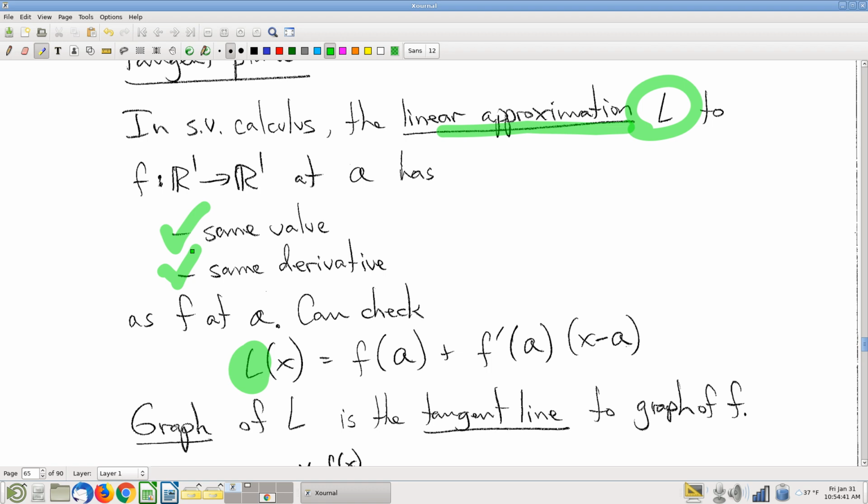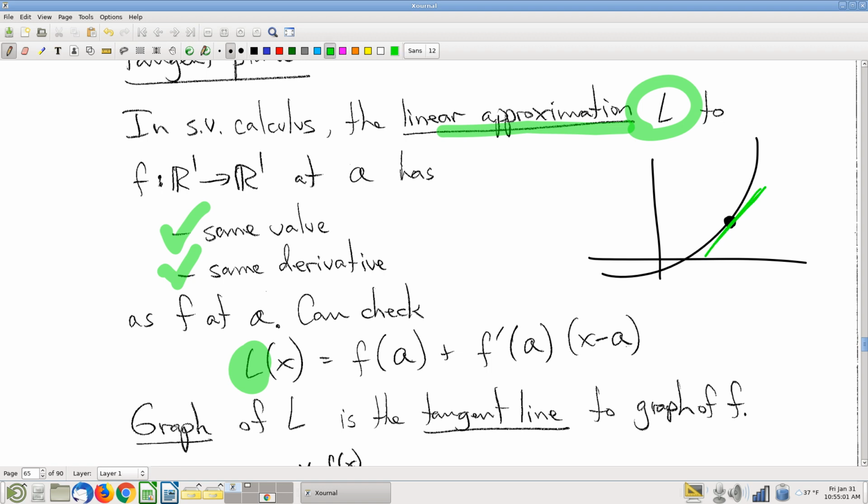You all have seen these pictures a million times, so I'm not going to rederive the formula. But if you have a function like this, let me make it a little curvier. You have a function like that, if that's your f, the graph of f, of course.